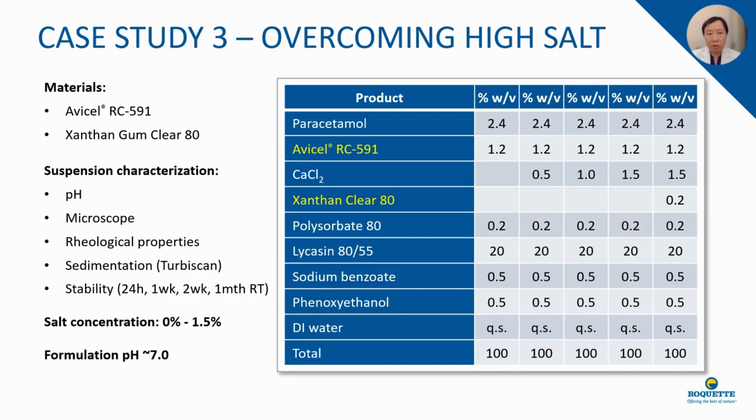Then across columns 2 to 4, it includes formulations with different levels of calcium chloride from 0.1% to 1%, all the way to 1.5%. Then the last column shows a formulation with the highest calcium chloride concentration, 1.5%, with added xanthan gum.